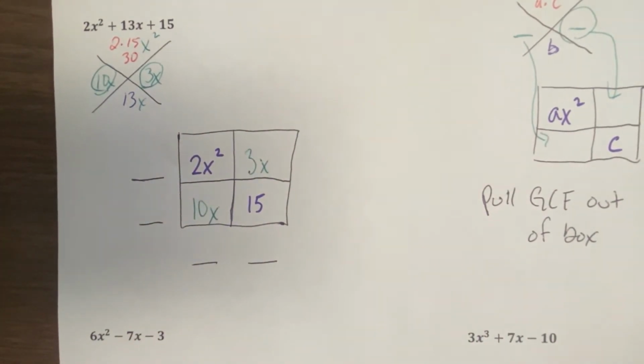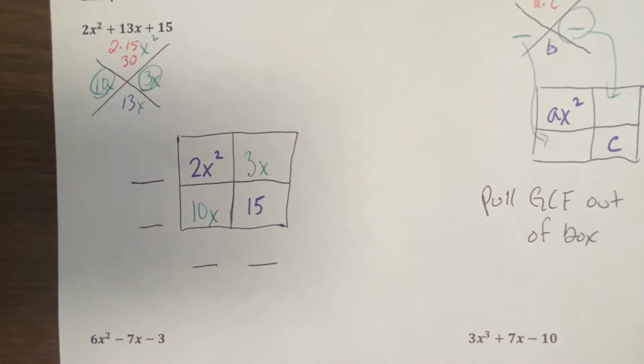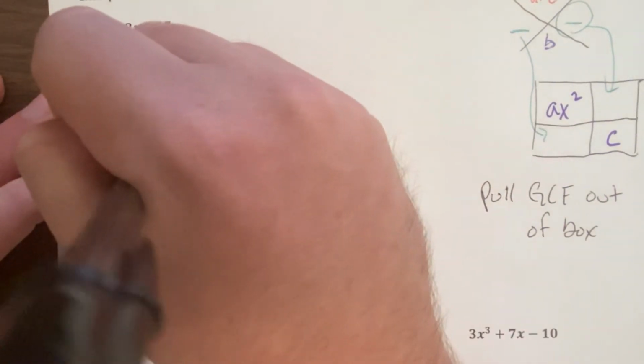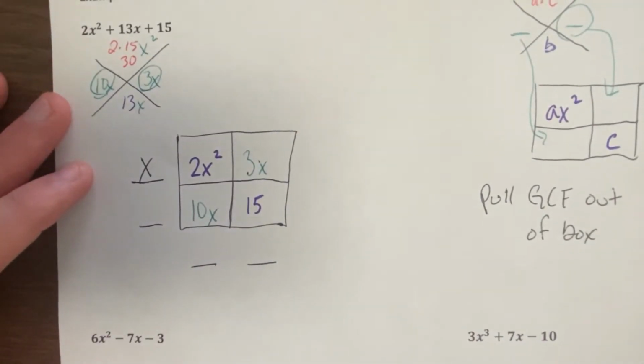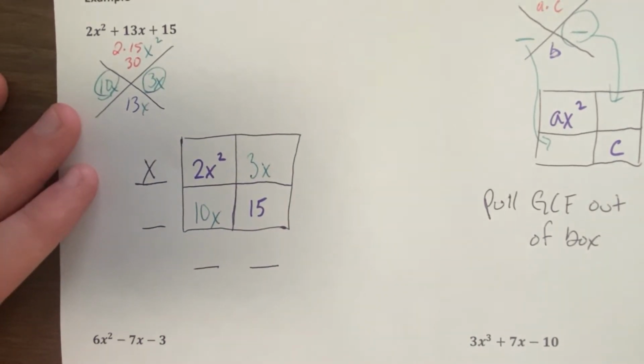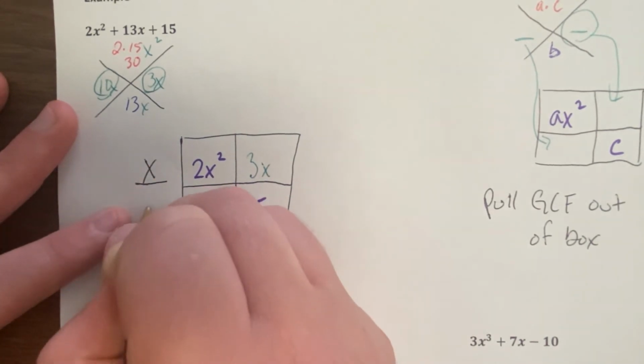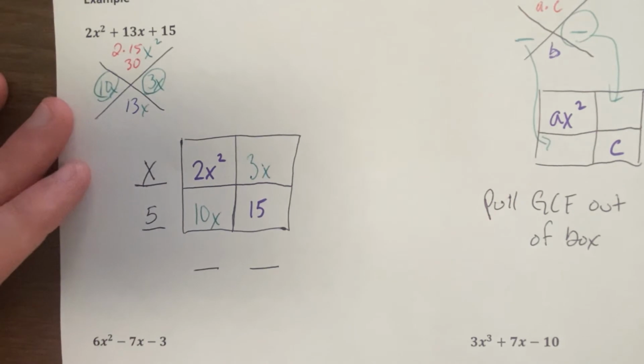So, finding the greatest common factor: the GCF of 2x squared and 3x is just going to be an x. The GCF of 10x and 15: one has an x, the other does not, so they don't have an x in common. The GCF of 10 and 15 is 5.